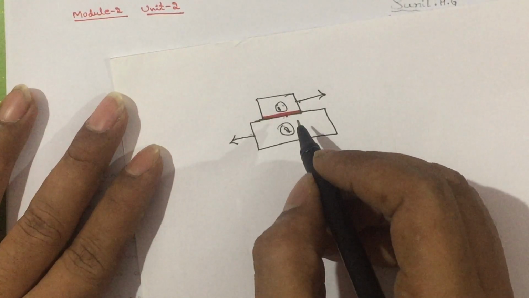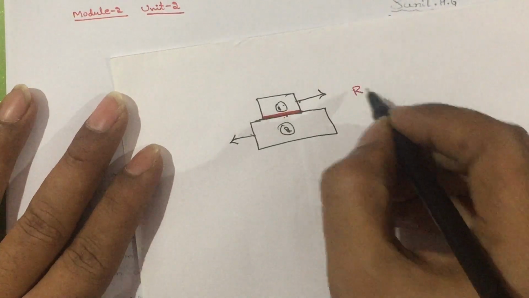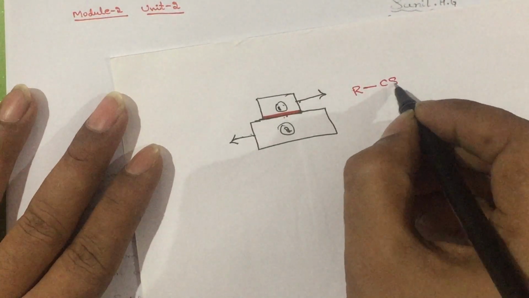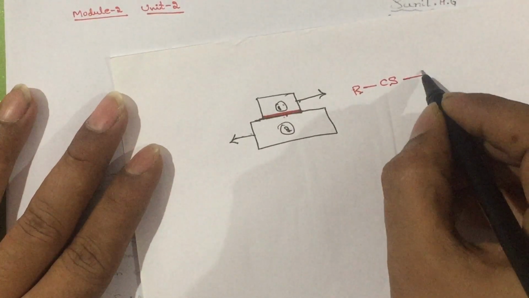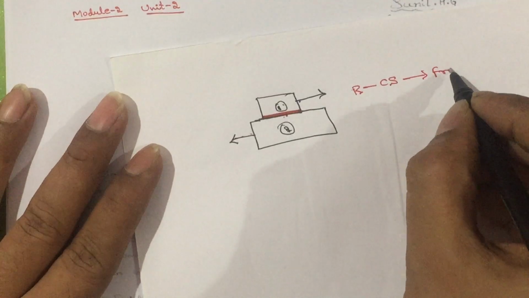That resistance force developed at the contact surface is known as friction.